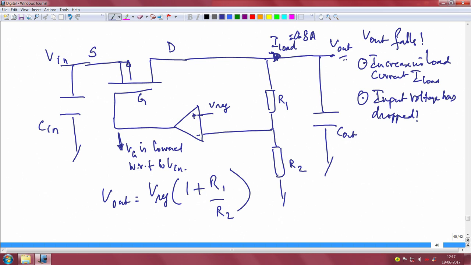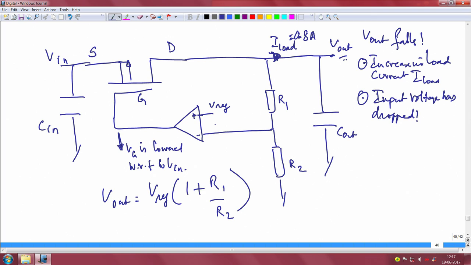This clearly indicates that the error amplifier is always trying to match the output, always monitoring the V out and trying to ensure that the difference between Vref and V out is always very, very small, right.